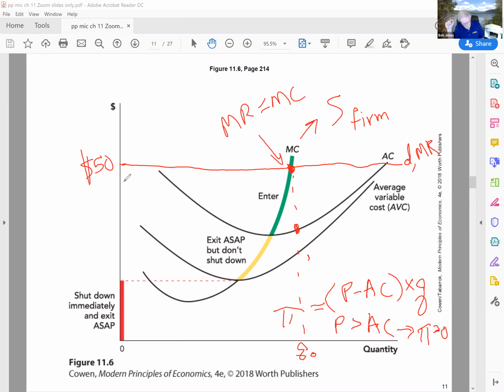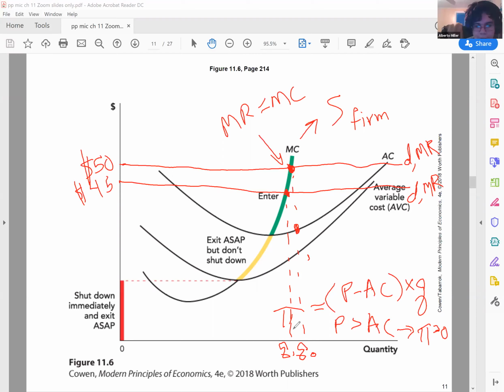What if the price were only 45? Well, now the demand curve faced by the firm and the marginal revenue curve would be there. MR would be equal to MC there. The firm would produce a slightly smaller quantity. Okay. Is the firm still making profit? Yes. Yes, it is. And how do we know that?